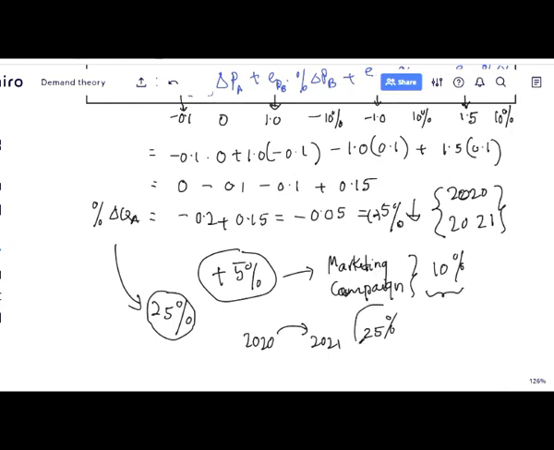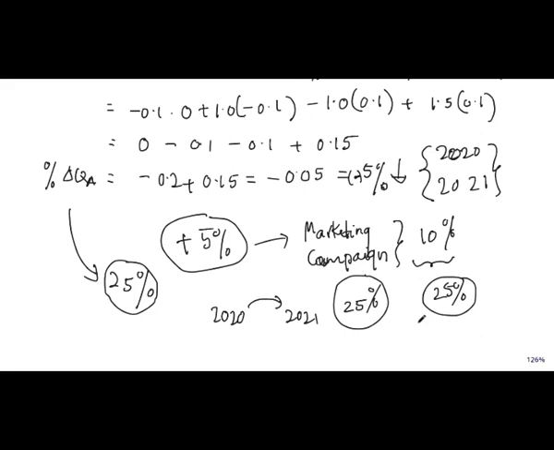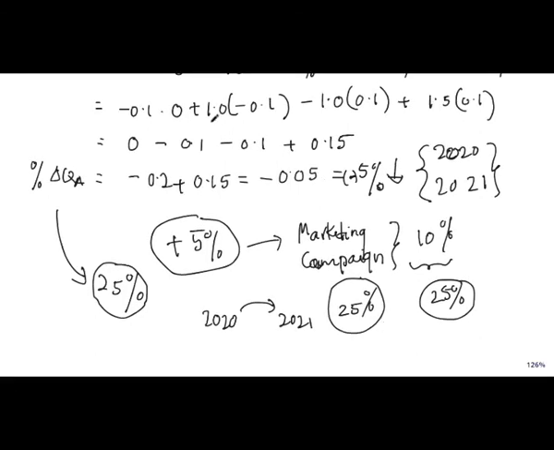And if it goes up by 25%, and then I go find out that after all the marketing, I also have 25%, what is the contribution of the marketing department? Zero. Because other economic conditions are changing the demand. So this is already 25%.